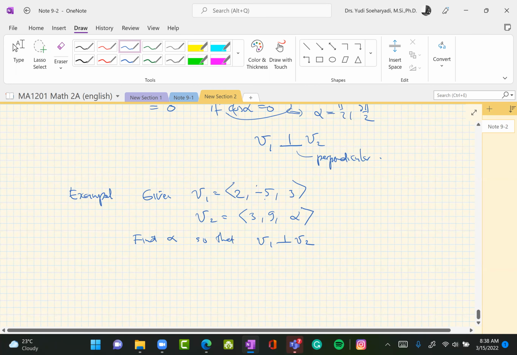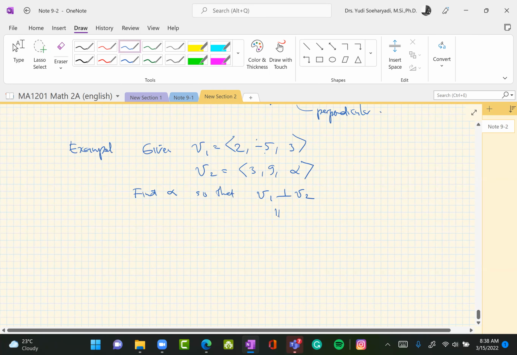That means V1 dot V2 should be 0. So we just compute V1 dot V2. This is 6 minus 45 plus 3 alpha equals 0. And then you can solve for alpha.